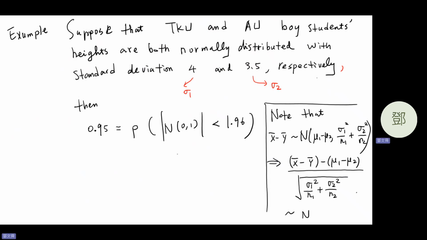Is distributed as the standard normal. When we have a standard normal distribution, then we can do something. This is what we need. Hey, this is going to appear in your final exam.